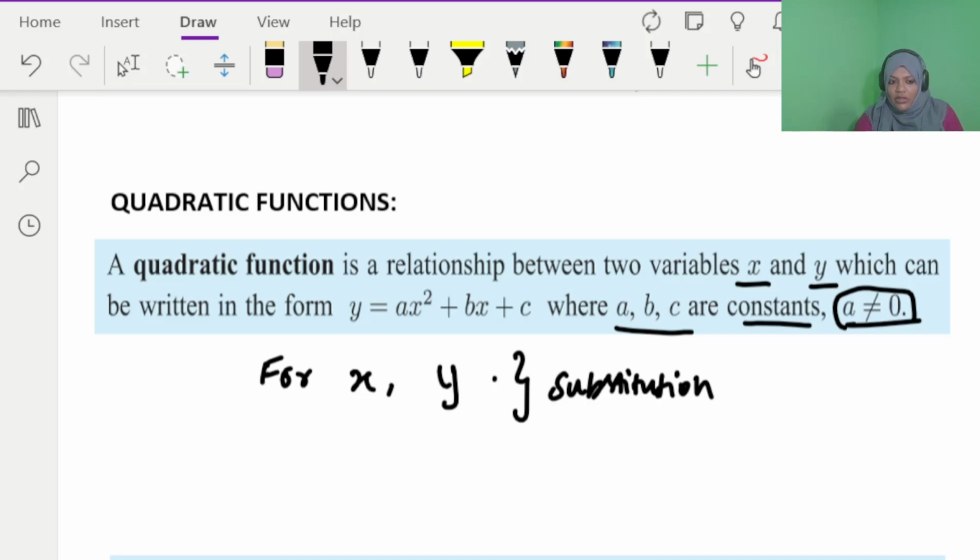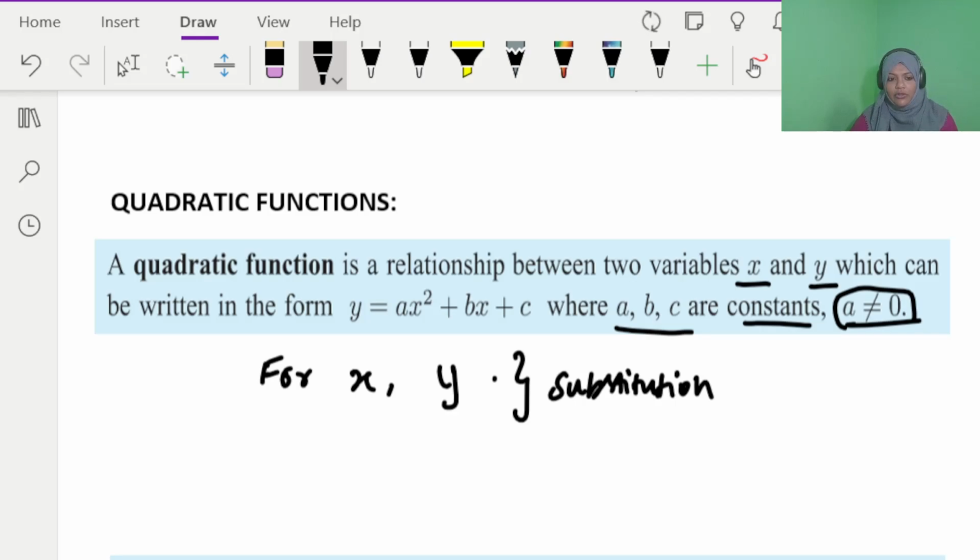And if I substitute my value of x to be 2 and we get the value of y to be 16, it means this point satisfies the quadratic function, meaning that the point lies on the graph of the quadratic function, on the parabola. Okay. So if x is 2, then y will be, it's mere substitution.